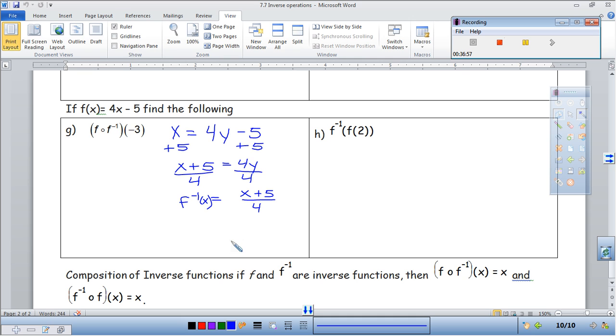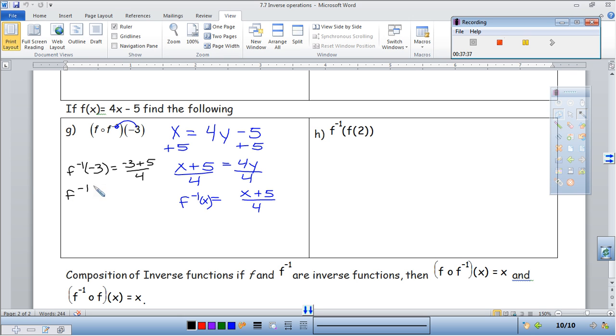Any questions over that? You okay? Okay. So now we're going to plug negative 3 into the inverse. So I'm going to get f inverse of negative 3 equals negative 3 plus 5 divided by 4.